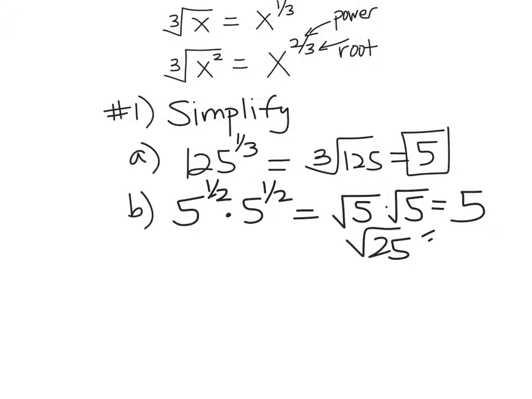Or you can use your exponent rules. If I have something to a power and that same base to a power, what do I do to those exponents? You add them. What's 1/2 plus another half? You get the same answer either way you look at it. Isn't that cool?